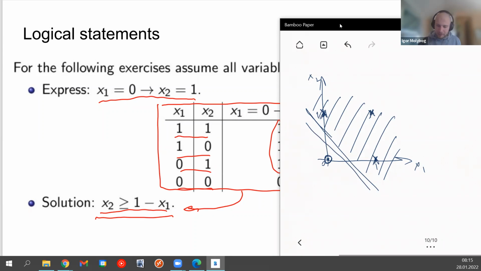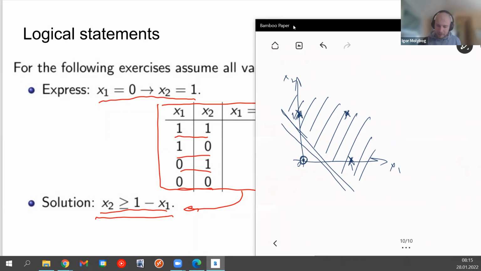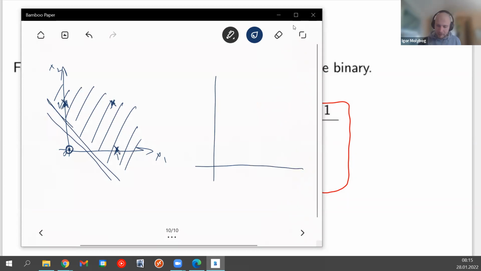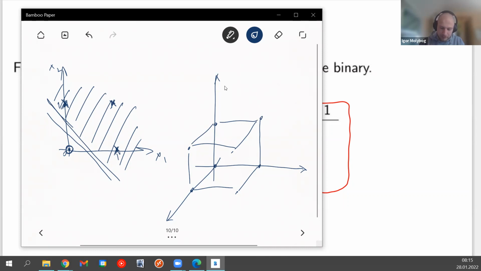In 3 dimensions, I will just draw it without writing down the formulas. Let's say that you have this hypercube of 0, 1 values, and let's say that the points that do belong to the set are these ones, this one, potentially this one, and all of the other points do not belong to the set.